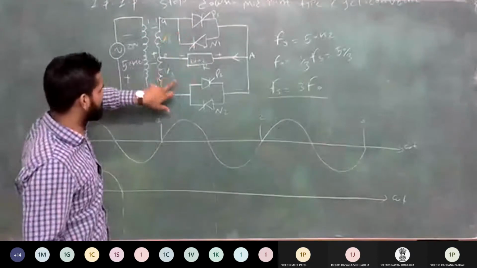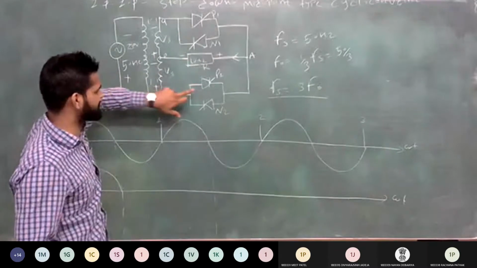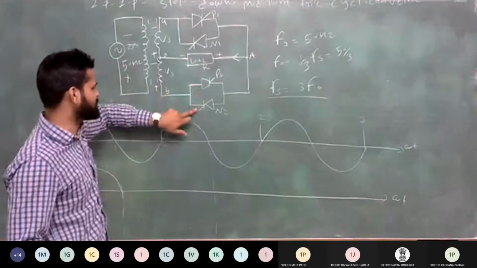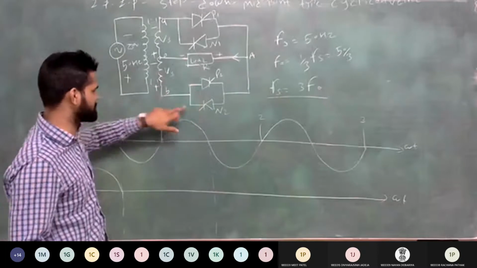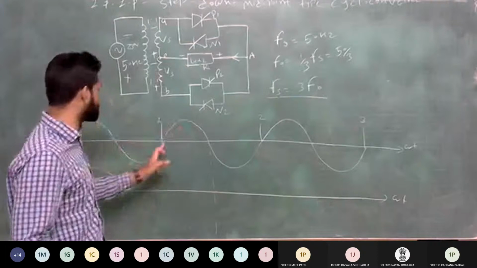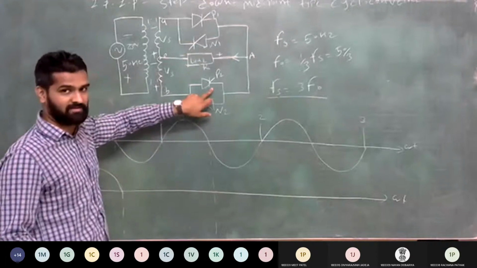In the lower half, B is positive and connected with the anode of P2, so it is forward bias, where N2 is reverse bias because positive is connected with the cathode. So in the negative cycle of your supply, N1 and P2 come into forward bias.